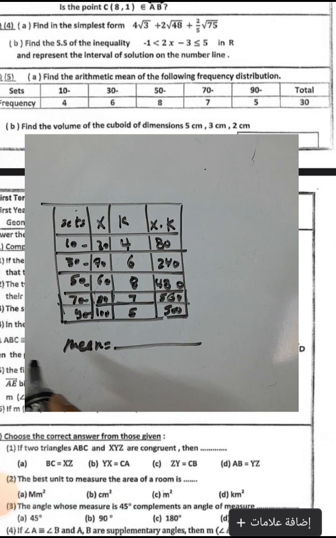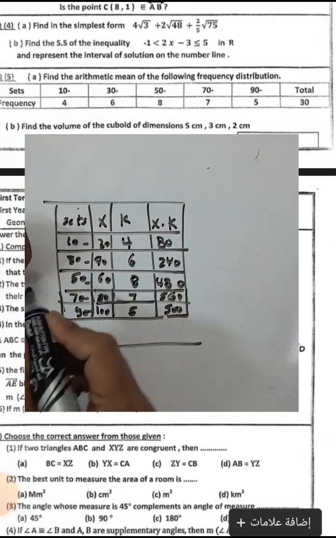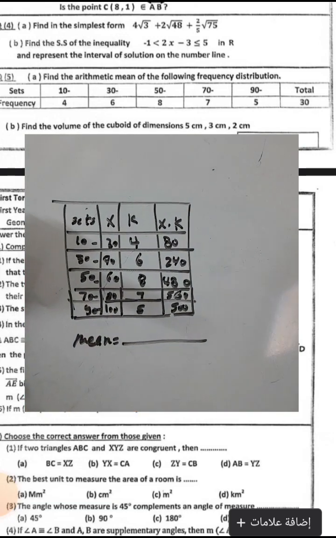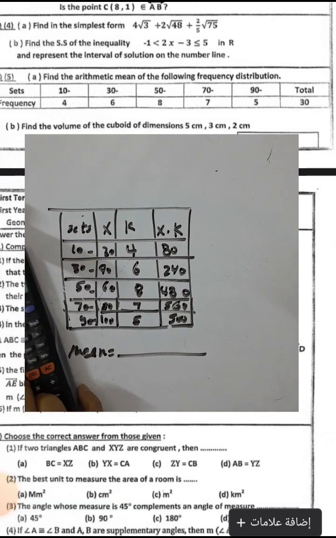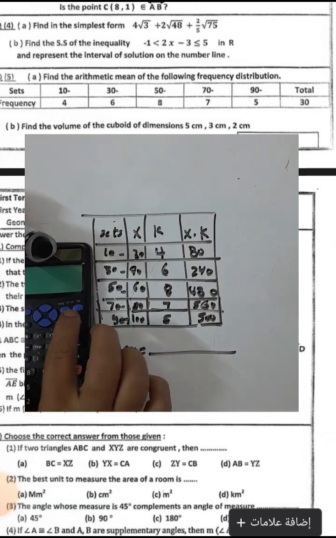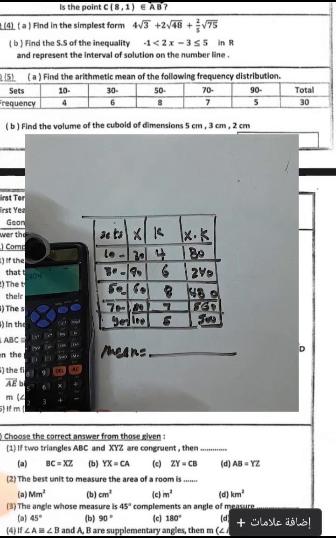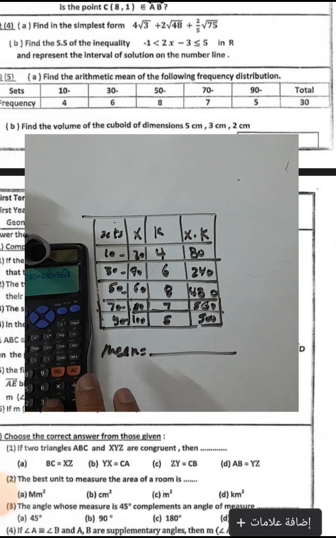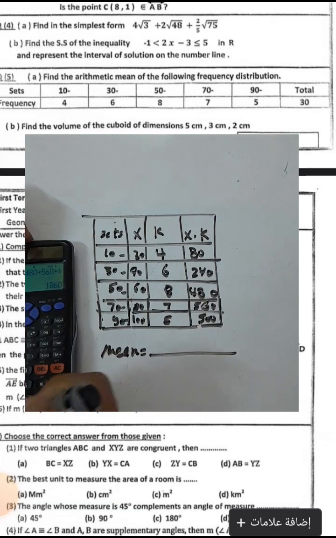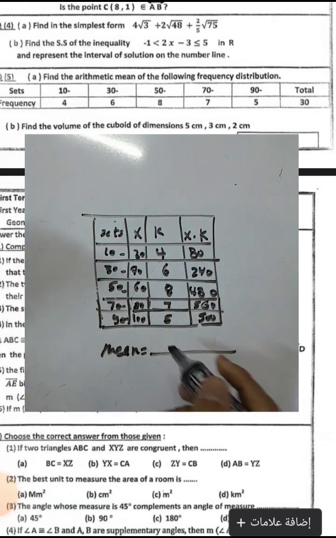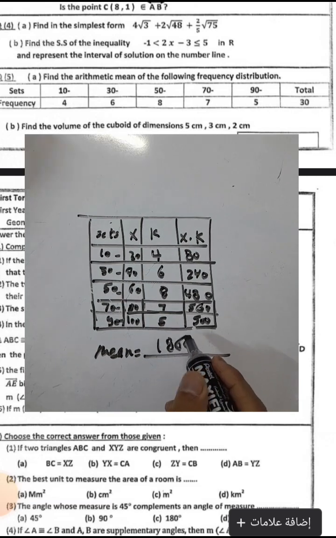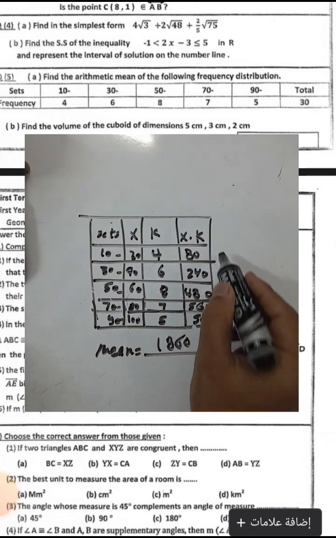And then we can find the arithmetic mean: sum of all values divided by the number. Be attention with me. Write 80 plus 240 plus 480 plus 560 plus 500 equals 1860. 1860 divided by the number: 1, 2, 3, 4, 5.